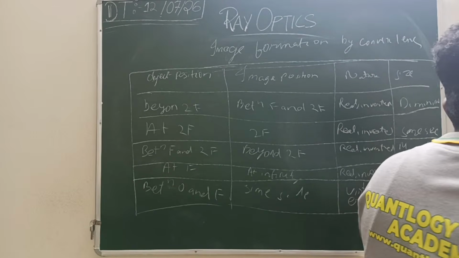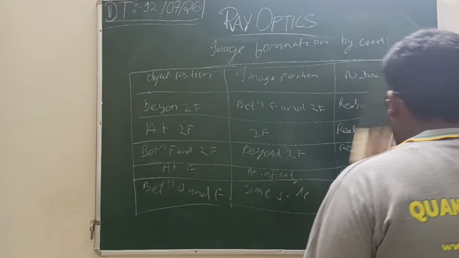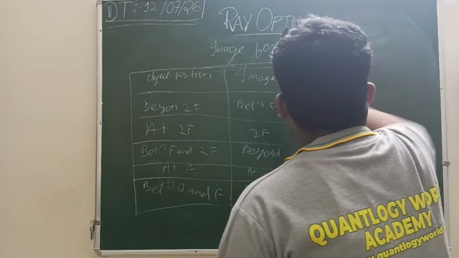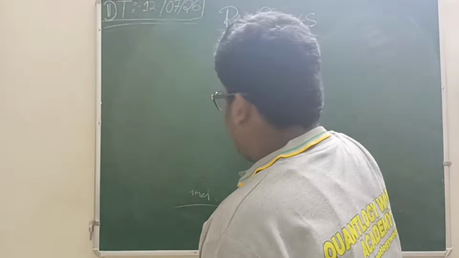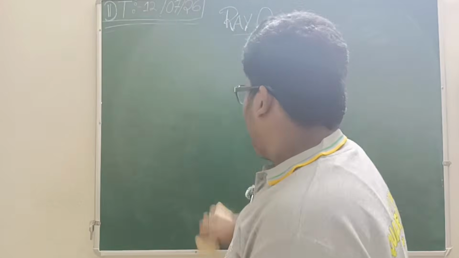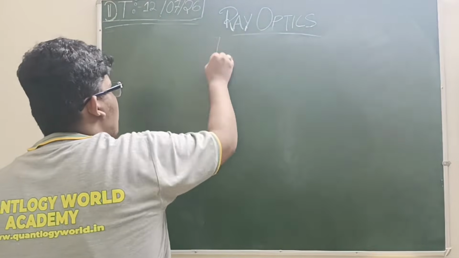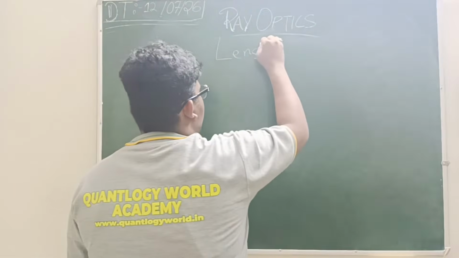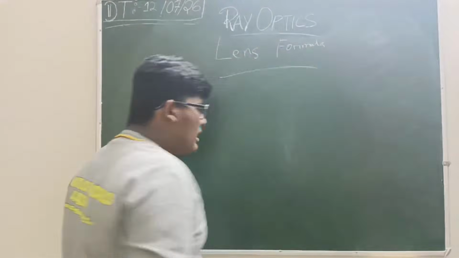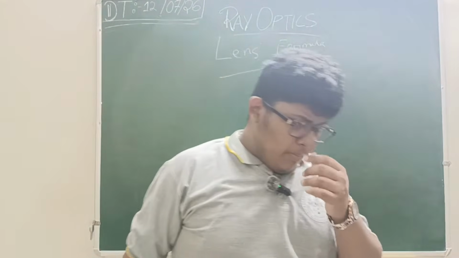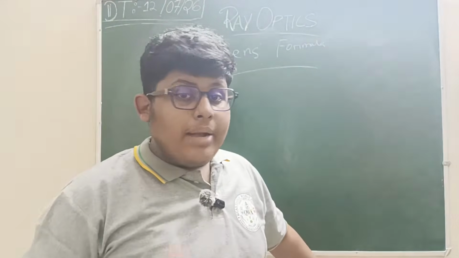Next is lens formula. In this chapter, numericals mainly come from refractive index, lens formula, mirror formula, and magnification.